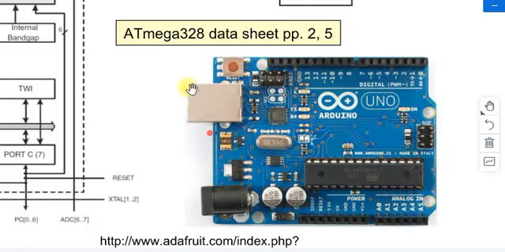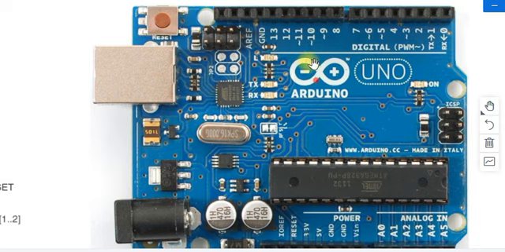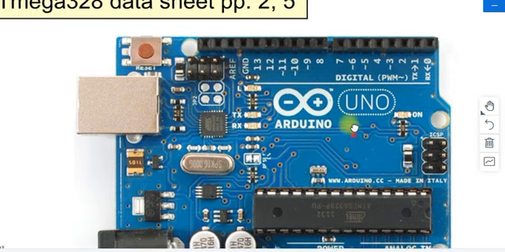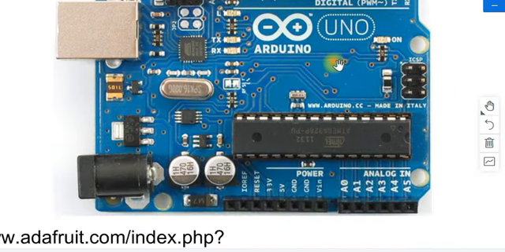So Atmega 328, you can identify that chip, and look at these are the pins for Atmega, that is Arduino.